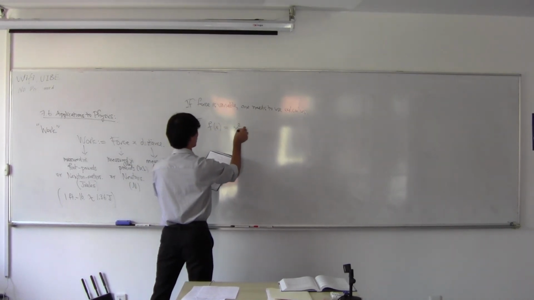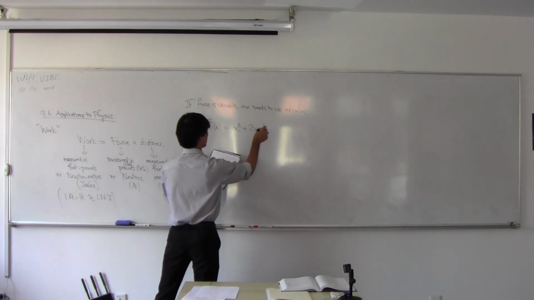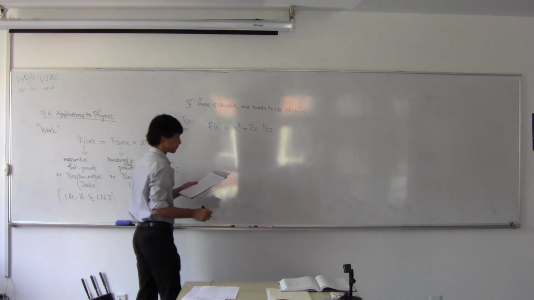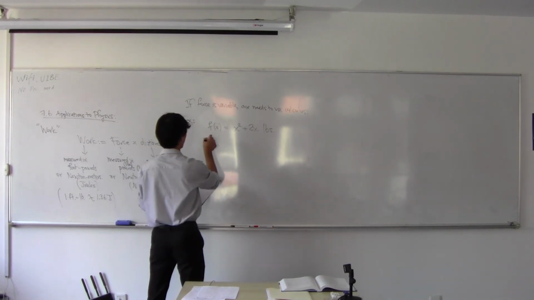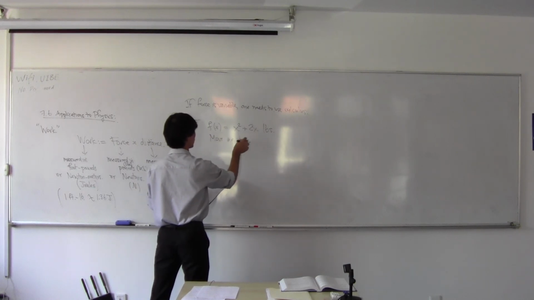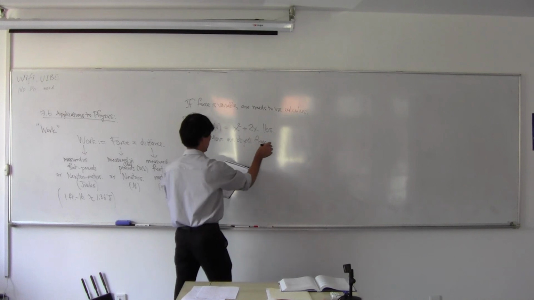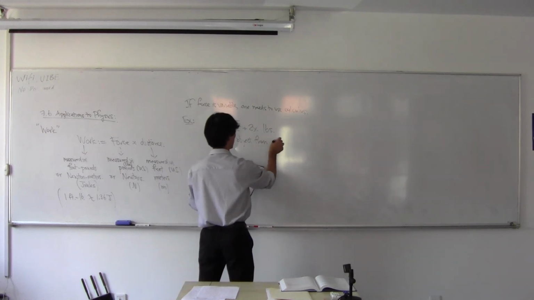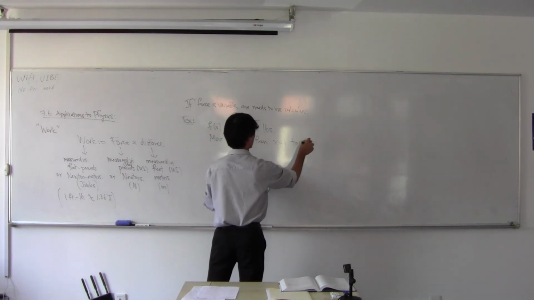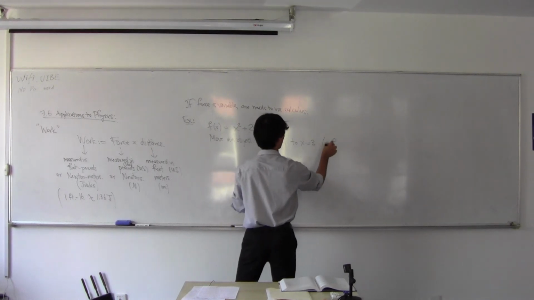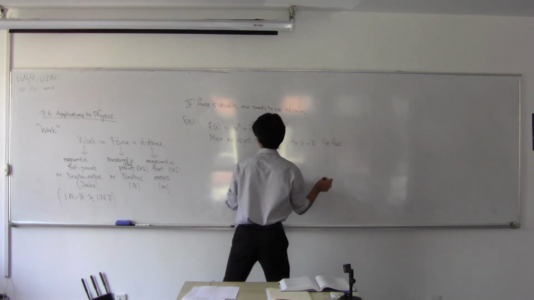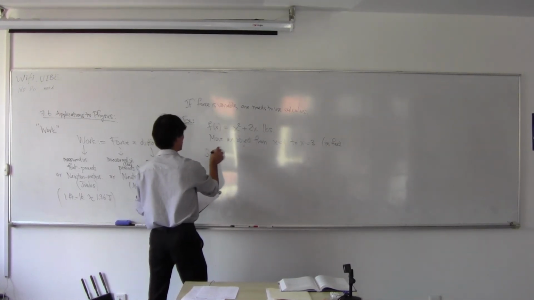F of x equals x squared plus 2x pounds. Okay, and you move an object from x equals 1 to x equals 3, and this is in feet. And the question is, how much work is done?